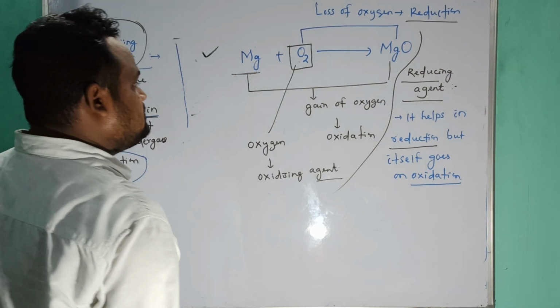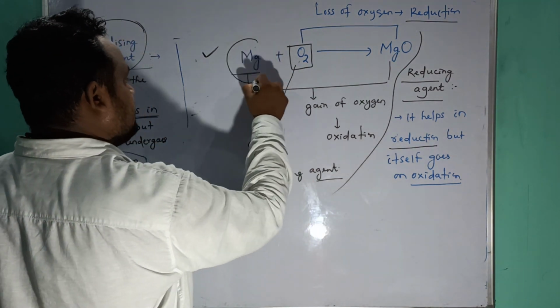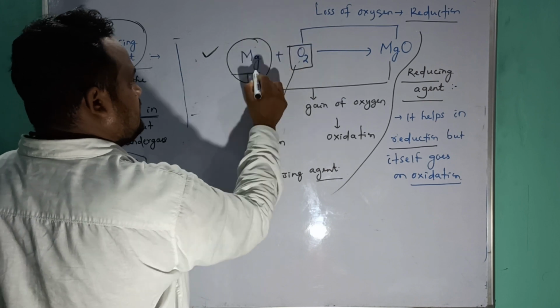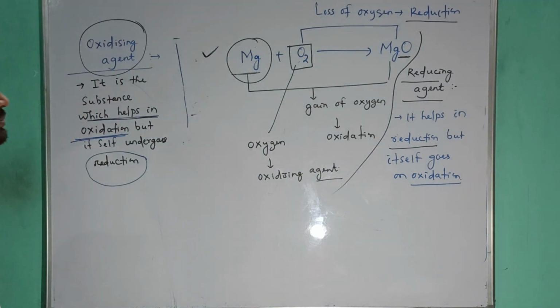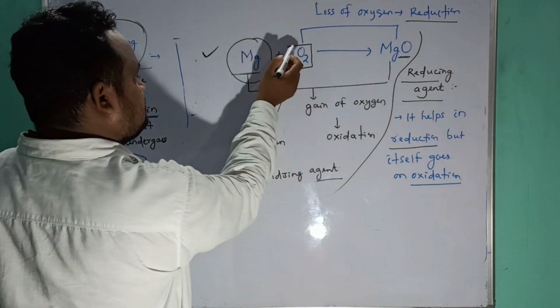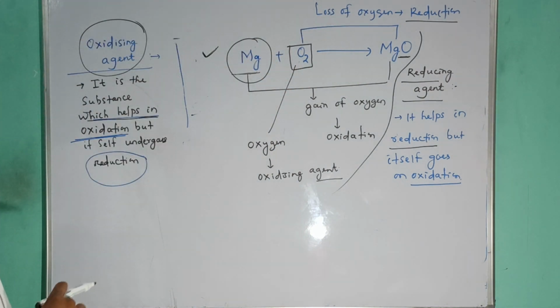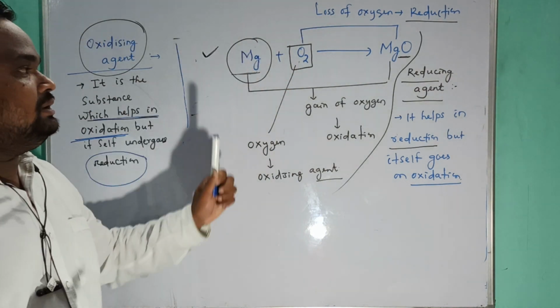Now come to this example. This magnesium accepts one oxygen and is converted to MgO. It accepts one oxygen so that the oxygen molecule can lose one oxygen.